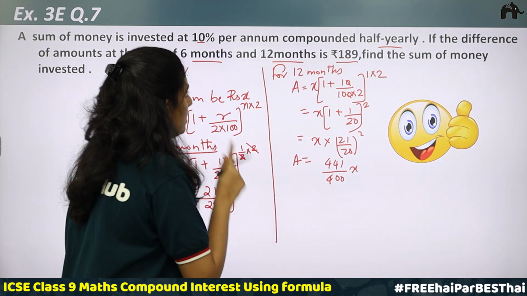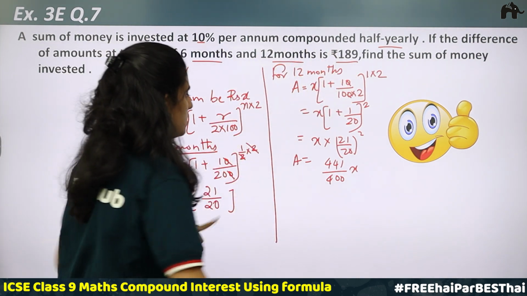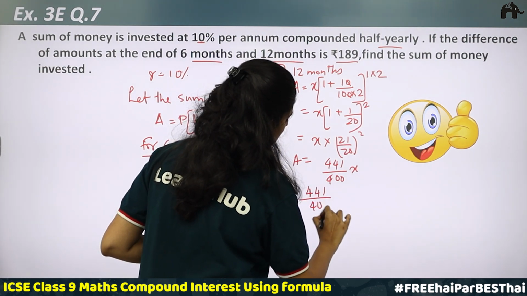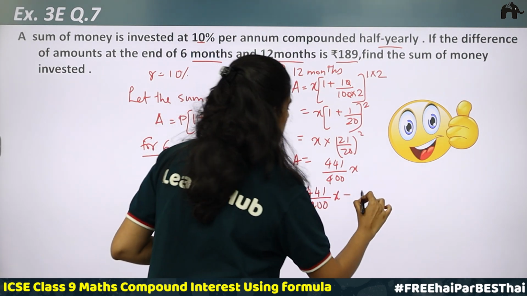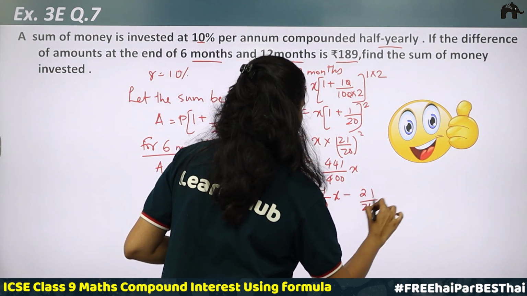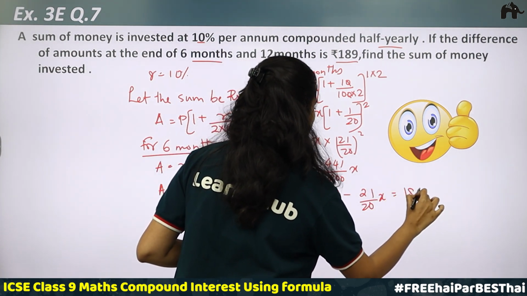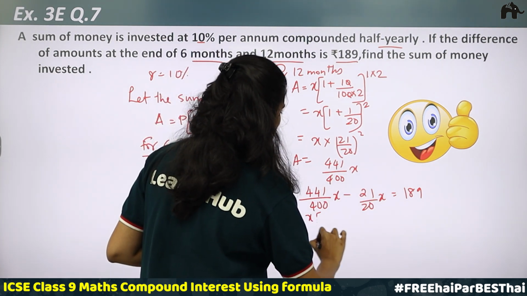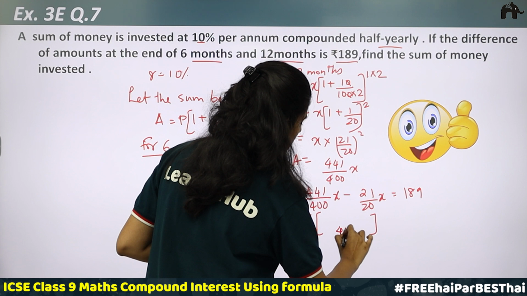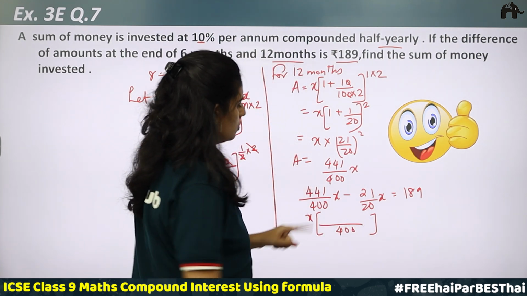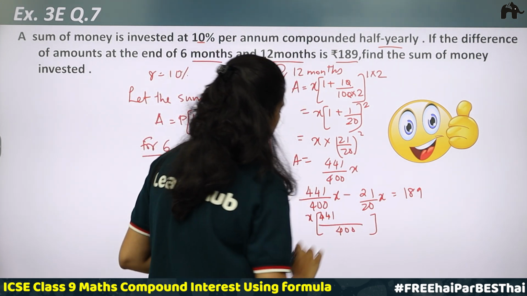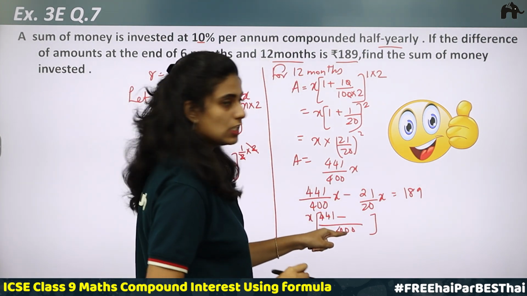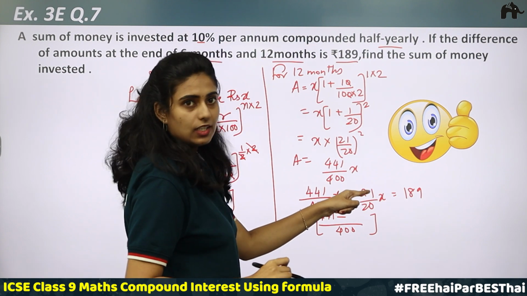Now we are given the difference is 189, which means this amount 441 divided by 400x minus 21 by 20x is equal to 189. Okay, so x is common, taking x outside, we'll take the LCM 400. So numerator, here you will be having 441 minus 20 into 20 is 400. So 20 into 21, what do we get?